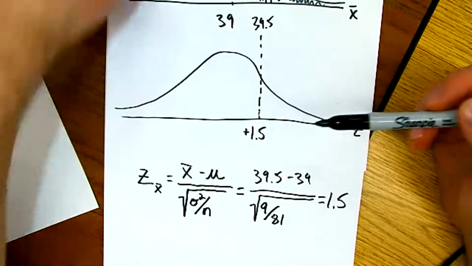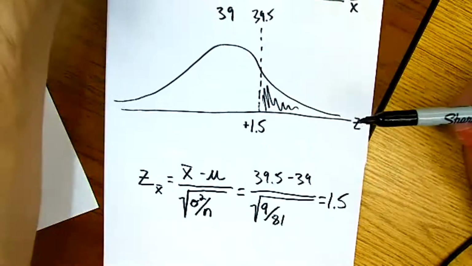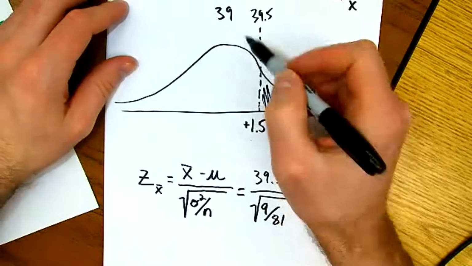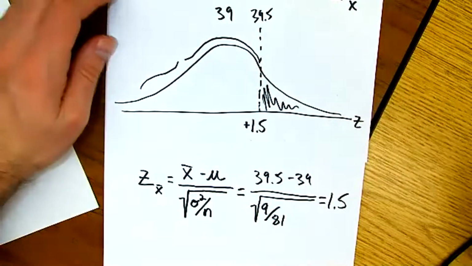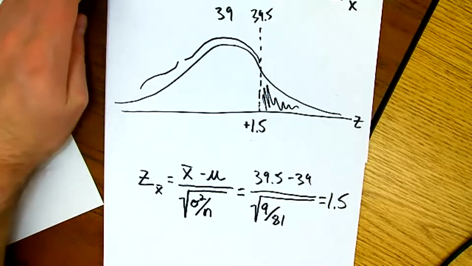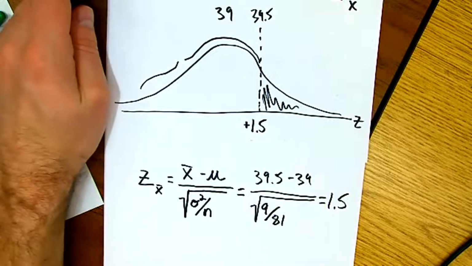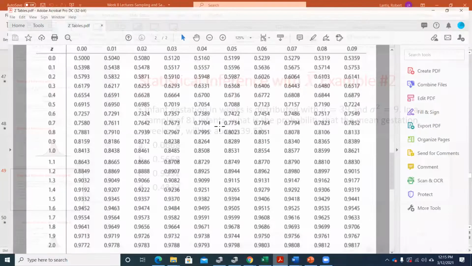Remember, originally I wanted the area to the right of that. So I could look this value up in my table. I'll pull up the table real quick so you can see me using it and get more practice.